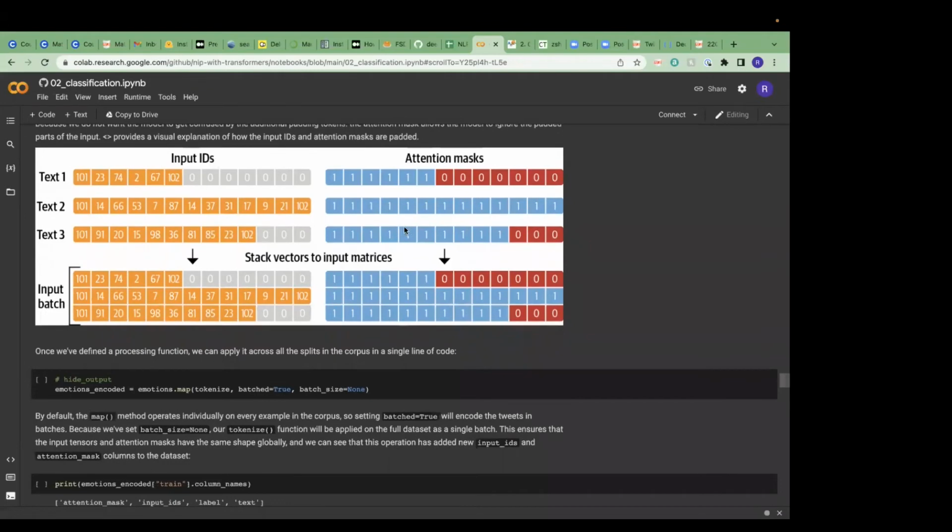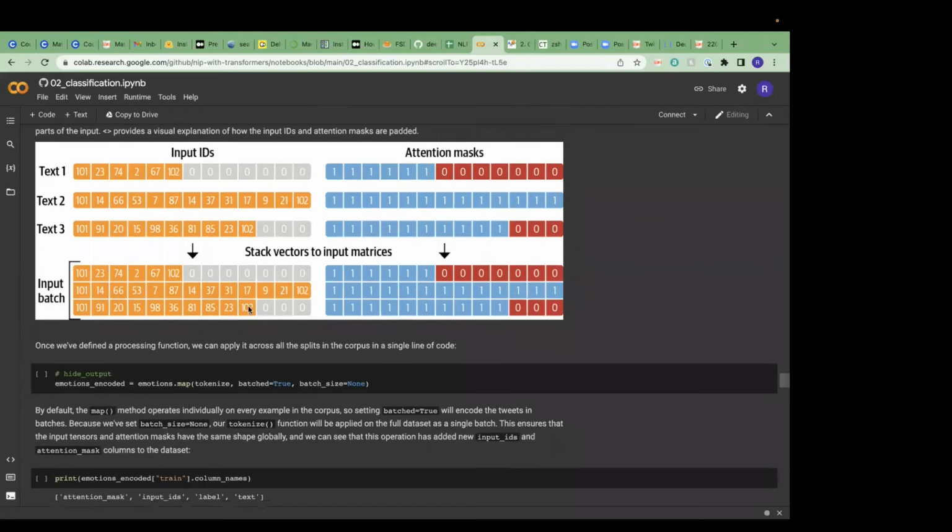So you see a visual example of what it's doing. The input can be different lengths. It's making sure that it's padded to be the same length. And this is the input batch. And then the attention mask would be just ones and zeros: one for the number of words in the text, and zero for the rest.